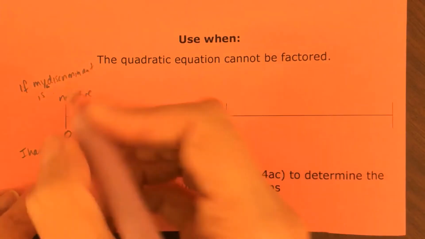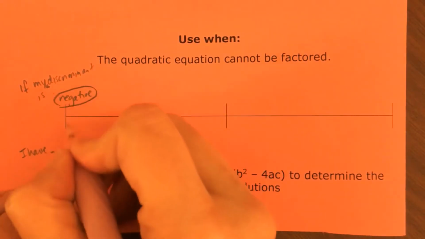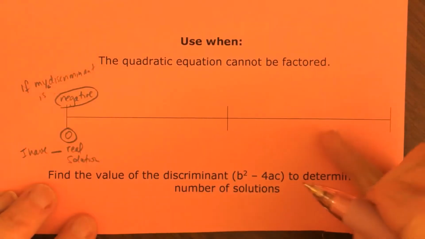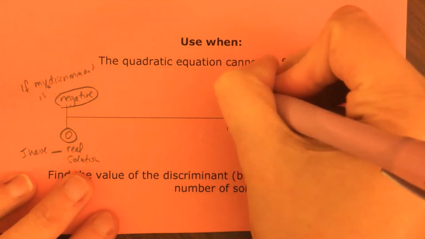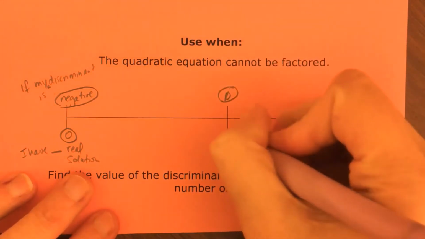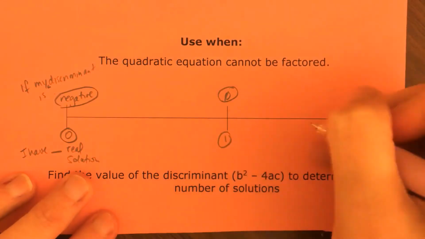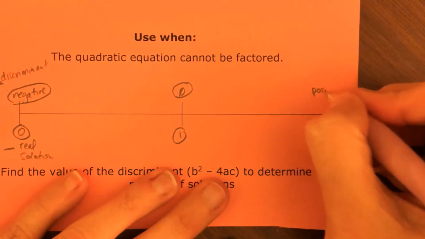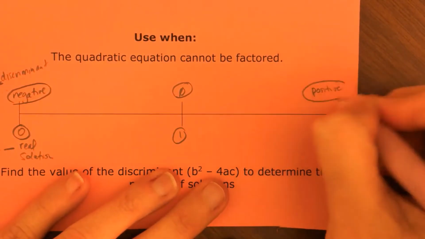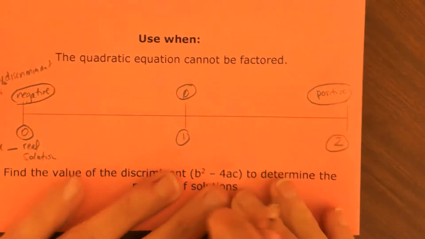Okay? So if my discriminant is negative, then I have no real solutions. If my discriminant is 0, then I have 1 real solution. If my discriminant is positive, then I have 2 real solutions.